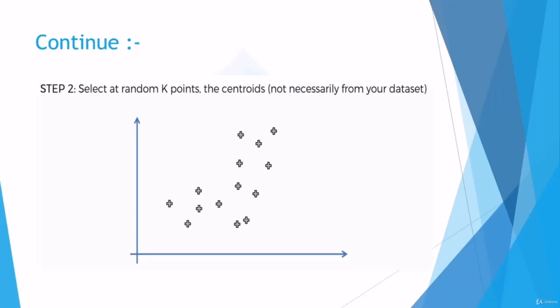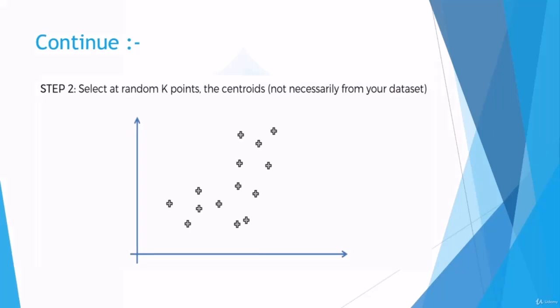Now after choosing the number of clusters, we have to choose the number of centroids and randomly initialize them. The centroids are the center of the point where the center of mass of the object exists. These clusters are some kind of closed objects, so they have their center of mass. So we have to store their center of mass as centroids.